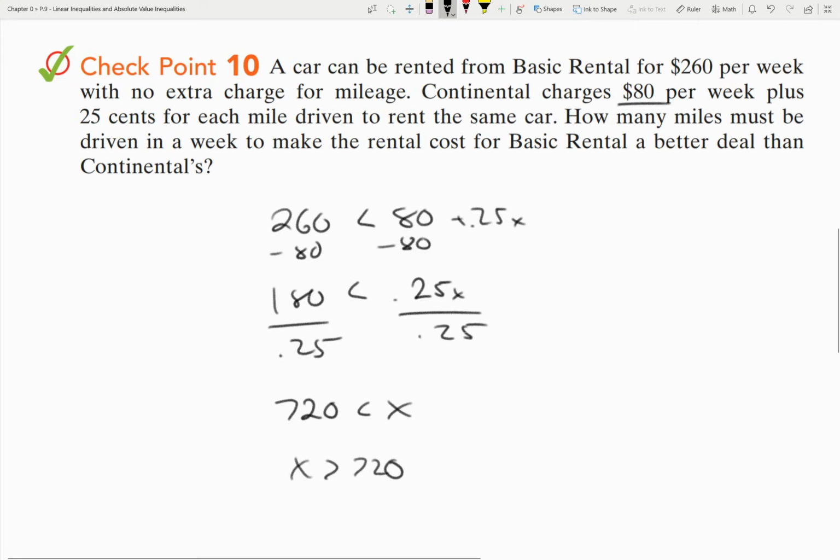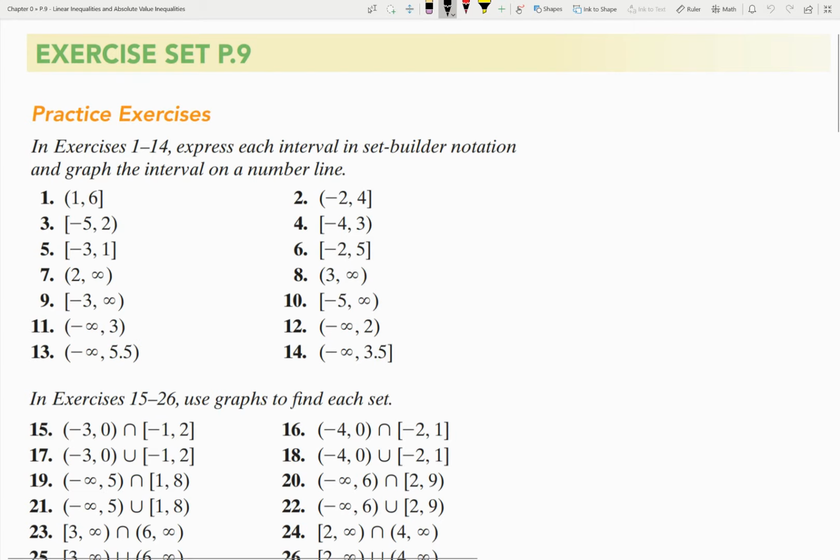Continental charges $80 to start, while this guy charges 260. So if you drive more than 720 miles, then the basic rental will be cheaper. And that was section P.9, linear inequalities and absolute value inequalities.